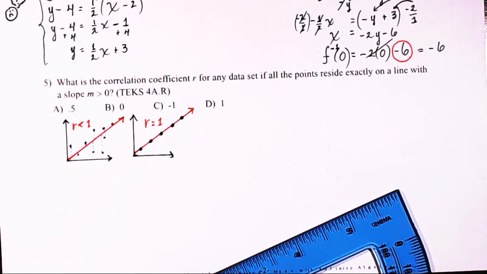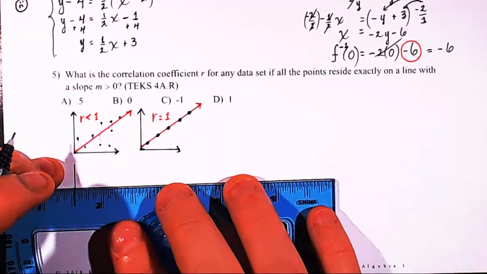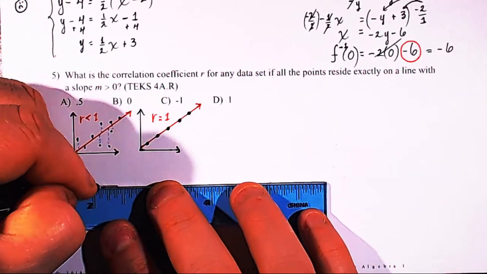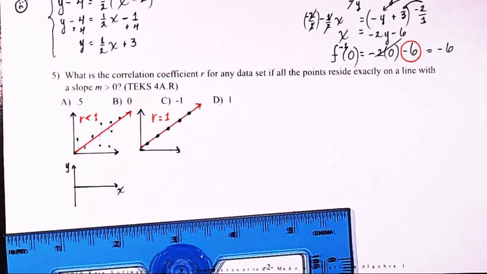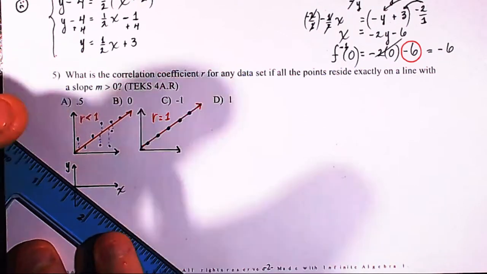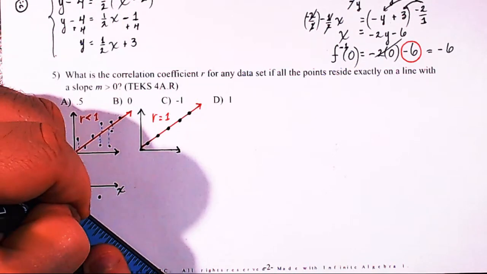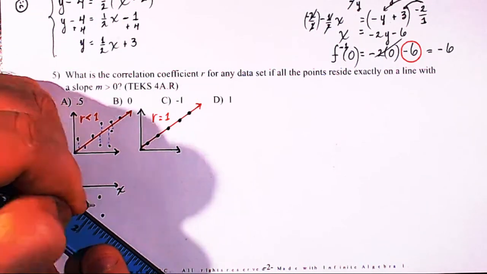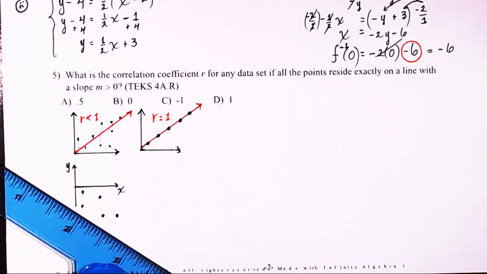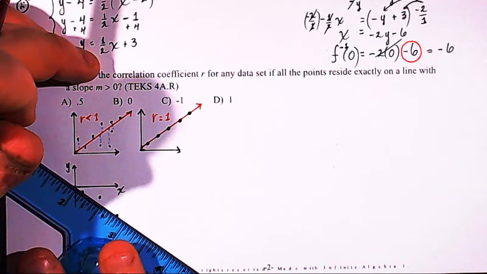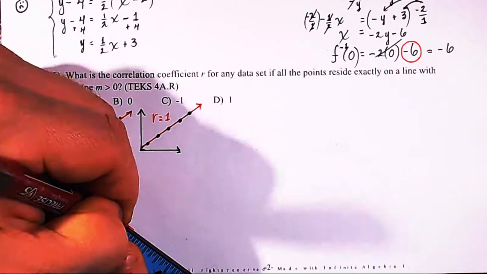All right, so just a little bit more on the correlation coefficient. If we have data points that are in the negative territory, like this, down in here, the curve that fits this data is going to be downward sloping.